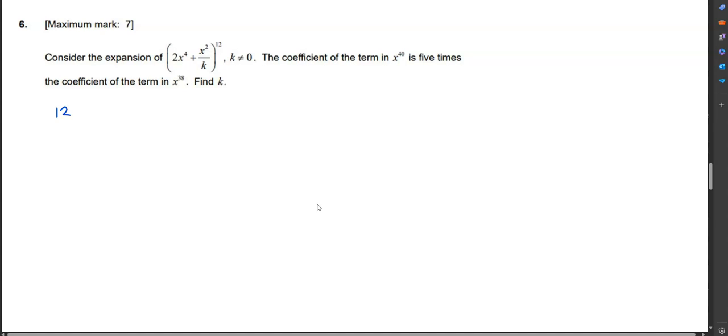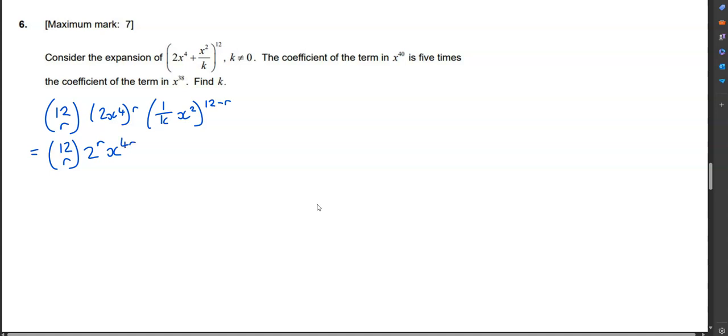Again, we're going to go general term 12 choose something, 2x to the 4 to the power of r, and then we're going to write 1 over kx squared to the 12 minus r. And sure enough you get that general term 12 choose r, 2 to the power of r, x to the power of 4r, 1 over k to the 12 minus r, x to the 24 minus 2r.